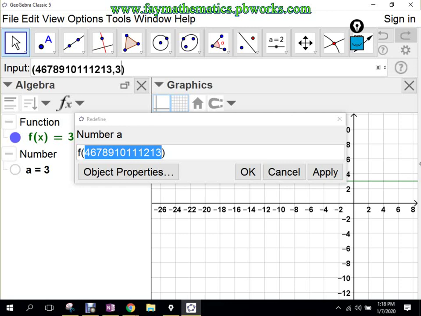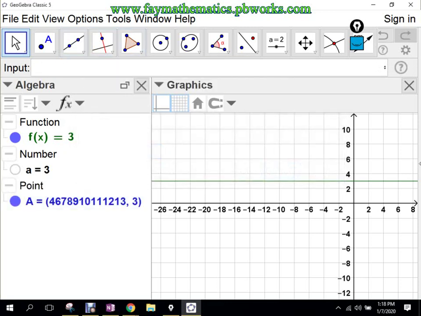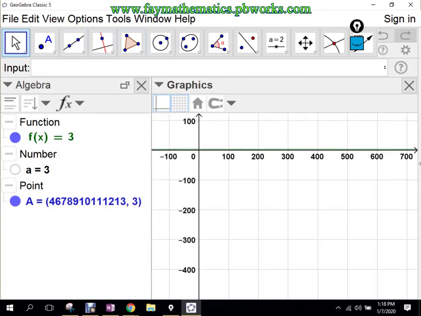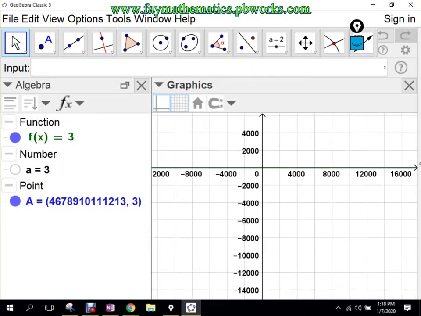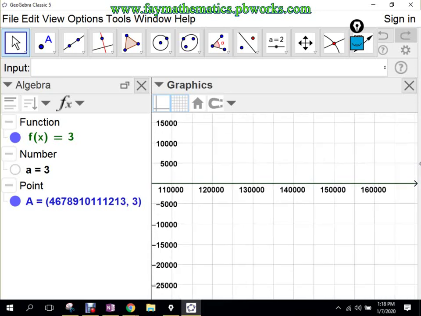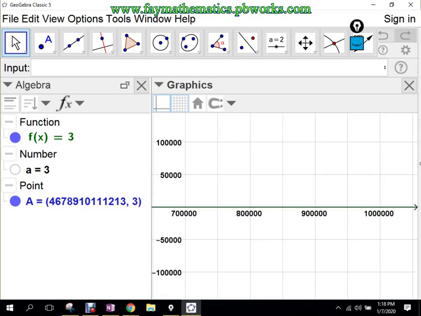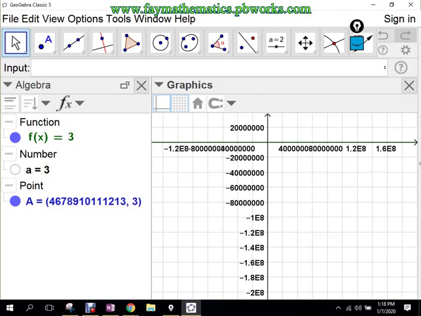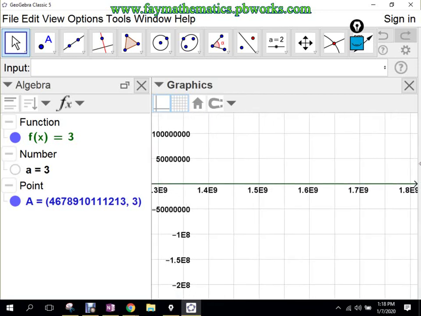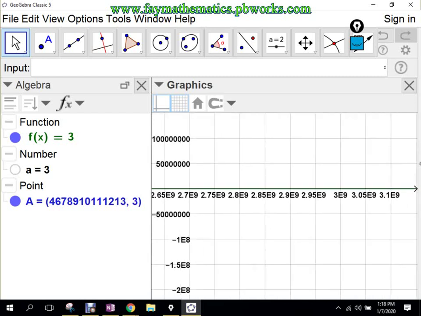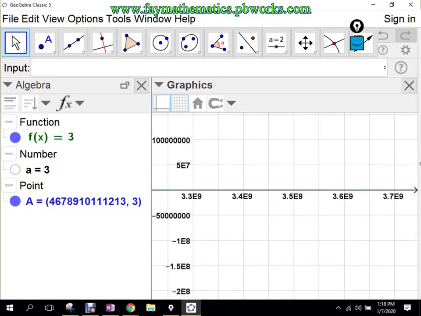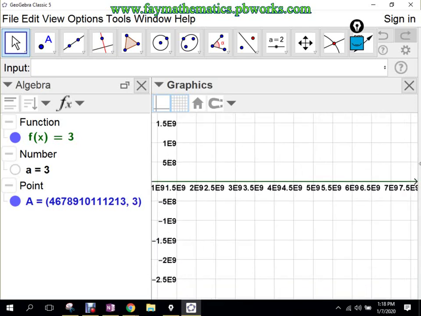Control V, comma 3. If I go out to that, I'm going to zoom out real far. What do we got? 1, 2 billion, trillion. Should be getting there. Trillion.